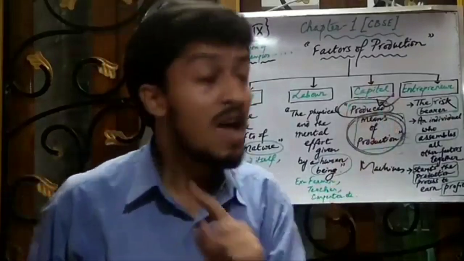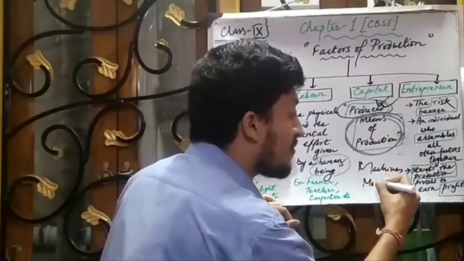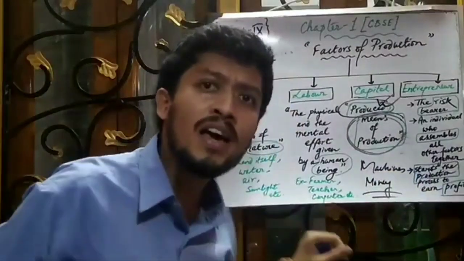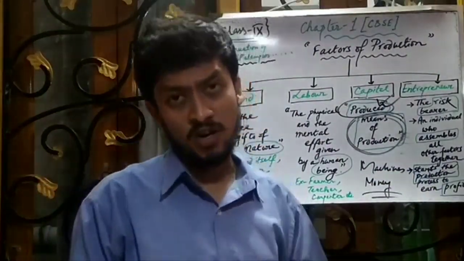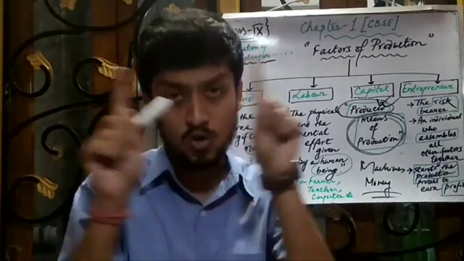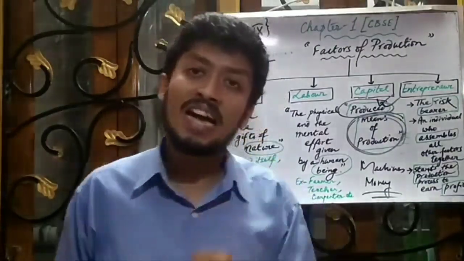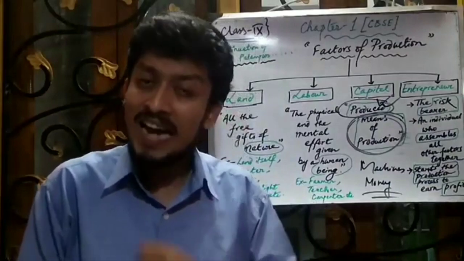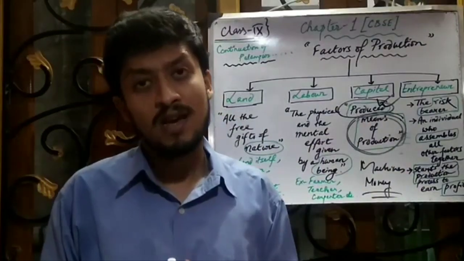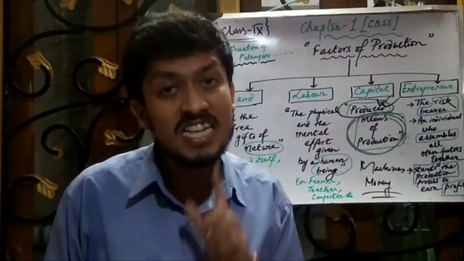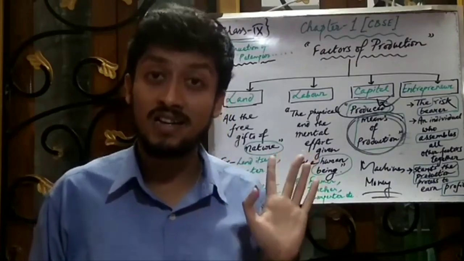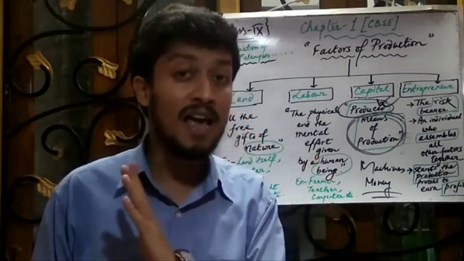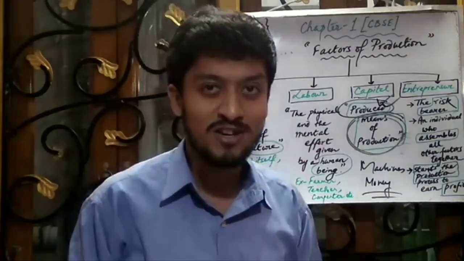Even we can say money to be an example of capital. Why? Money is considered capital because that paper note is legalized by the RBI and circulating throughout our economy. That paper money is printed by RBI, our central bank. And as it is printed by our central bank, it is produced, right?